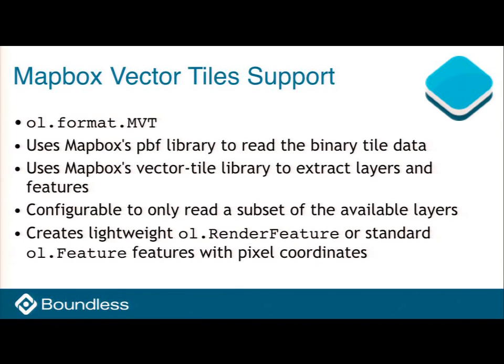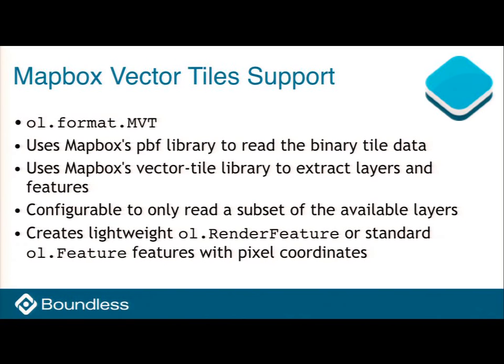MapBox Vector Tiles are supported through the OL format MVT class. That class uses MapBox's PBF library internally to read the protobuffer, the binary data that's used for these vector tiles. And on top of that, we use MapBox's vector tile library to extract the layers, features, and geometries from the vector tiles.